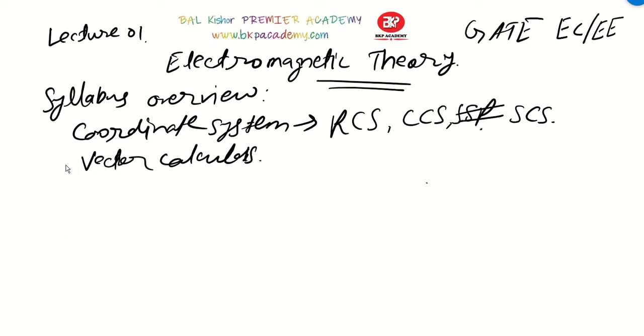In vector calculus we will see gradient, divergence, Stokes theorem, divergence theorem, curl, solenoidal vectors, rotational vectors and all. Then after that we will move to electrostatics, and then we will see magnetostatics.